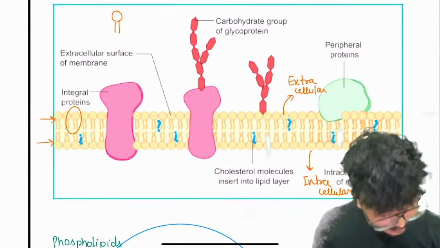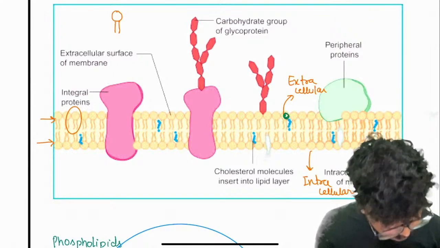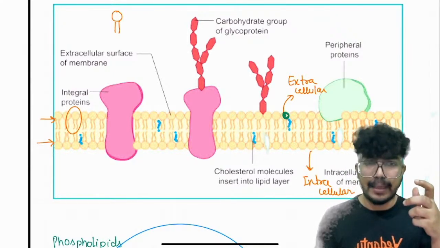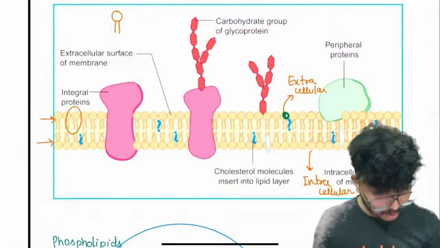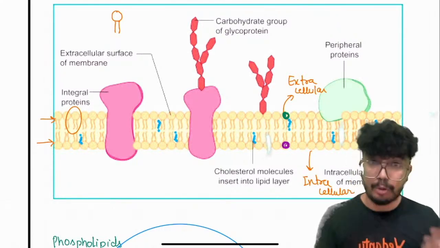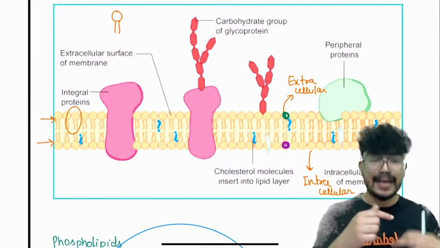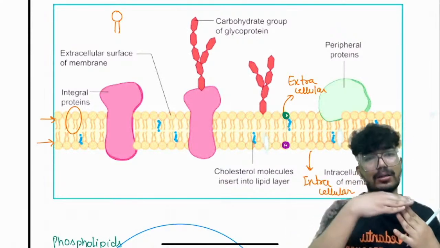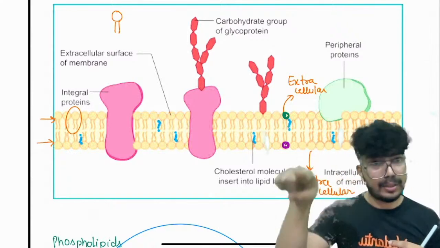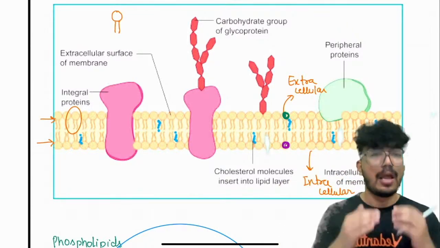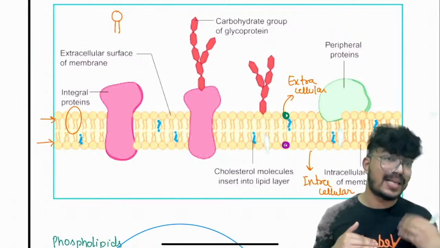Let me just color this one. I have colored it with green. So this shows that this phospholipid is actually lecithin. But if I look at the lipid molecule on the inner side, it is going to be different, right? Generally, the phospholipids on the outer side of the phospholipid bilayer are lecithin, and the phospholipids on the inner side are cephalin.